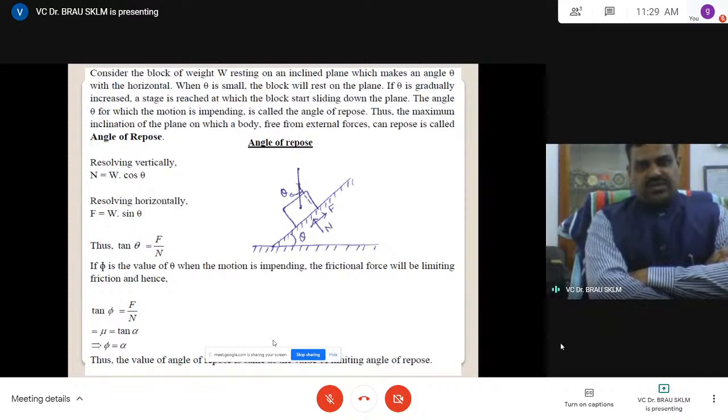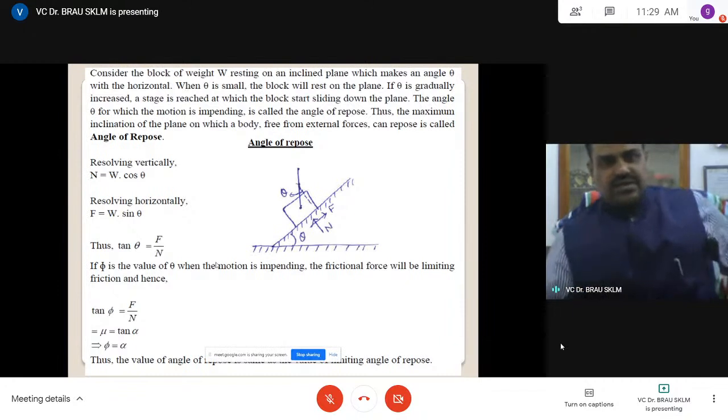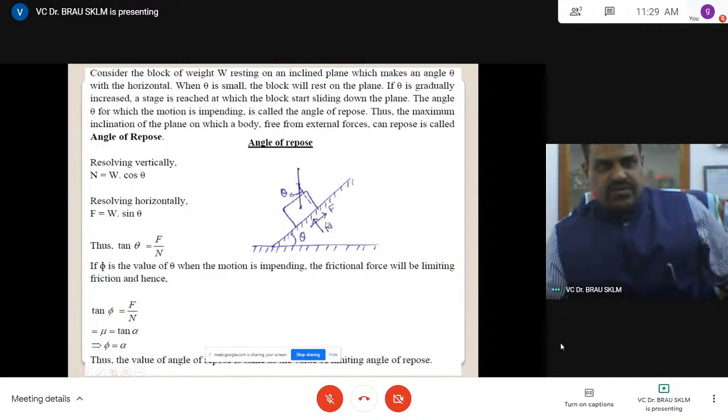When theta is small, the block will rest on the plane. While theta is gradually increased, a stage is reached at which the block starts sliding down the plane, with frictional force acting up. The angle theta at which the motion starts impending is called the angle of repose.